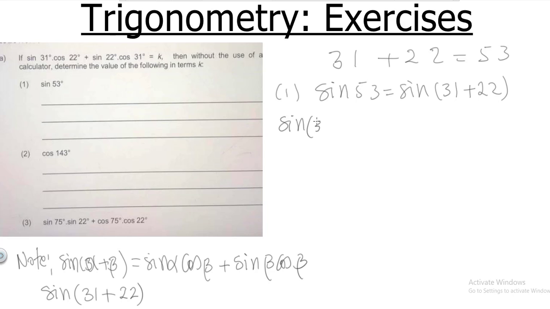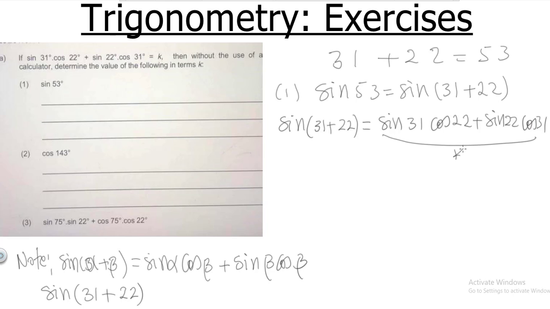So sin(31 plus 22) will be equal to sin 31 cos 22 plus sin 22 cos 31. Now all this is equal to k. So sin 53 is going to be equal to k.